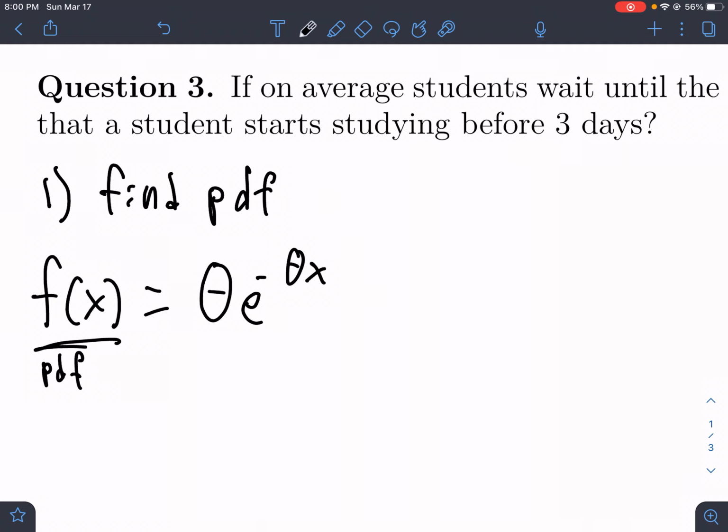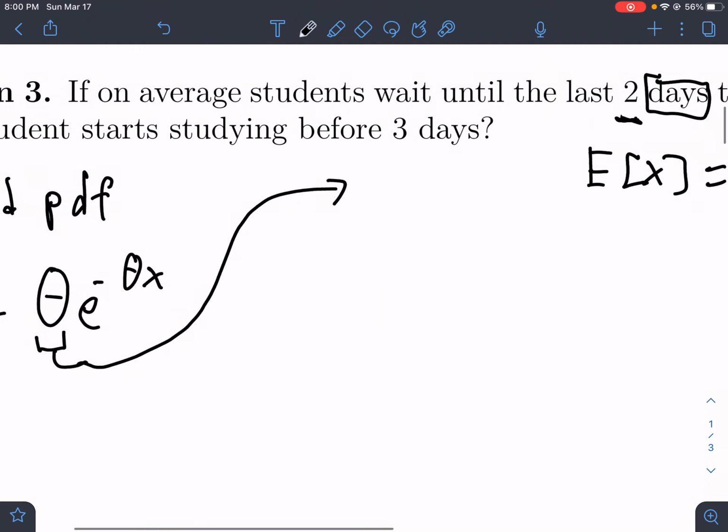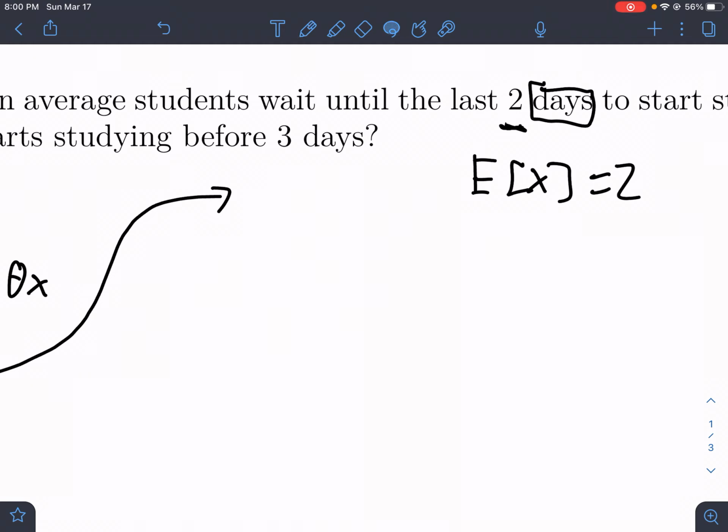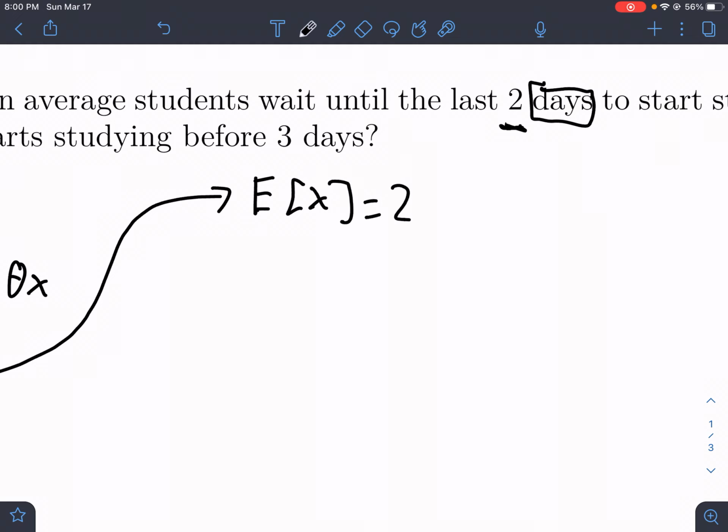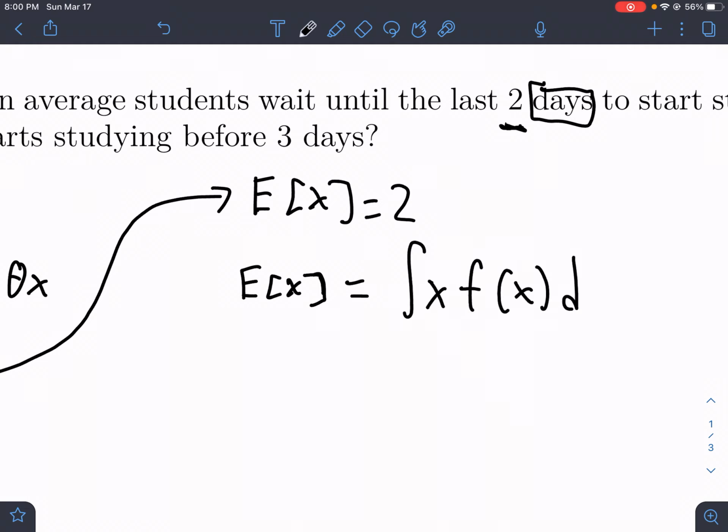How does this help us solve the problem, you might ask? Well, we need to find what theta is. And we can do that because we know what E of x is. E of x is 2. We're given that. But you might remember another equation we went over in class, which is that E of x for a continuous distribution is the integral of x f of x dx.